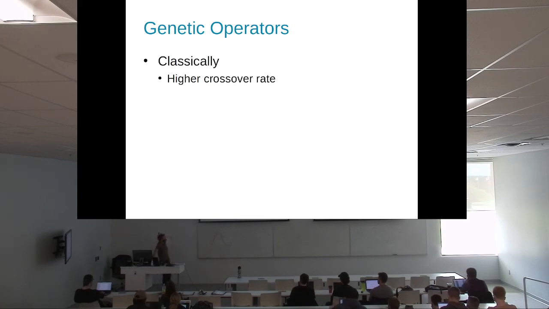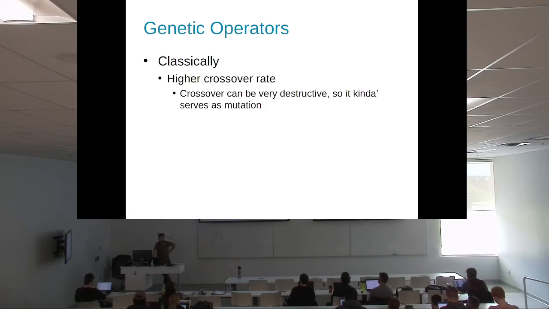Genetic operators: classically, you're going to want a higher crossover rate, but crossover tends to be very destructive when working with trees. And we'll show some examples of this as we go. And because it's destructive, and remember, destructive is a relative term, it also kind of serves the purpose of mutation.